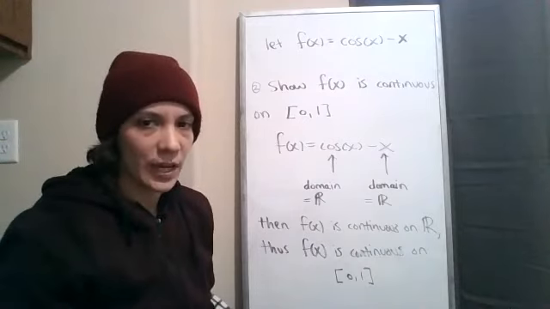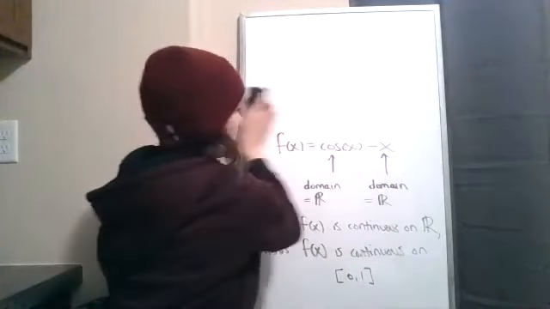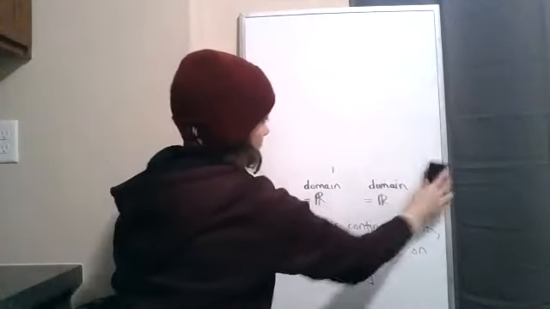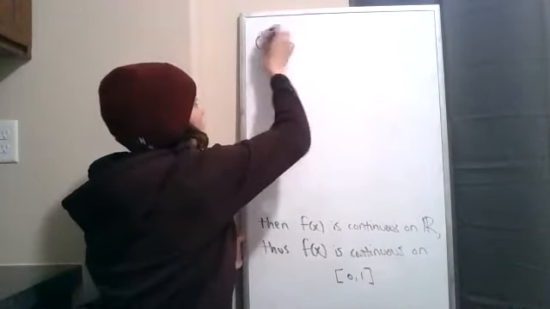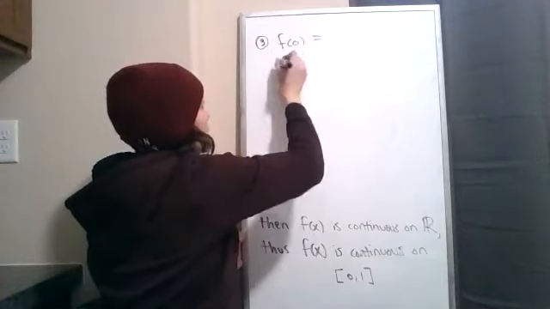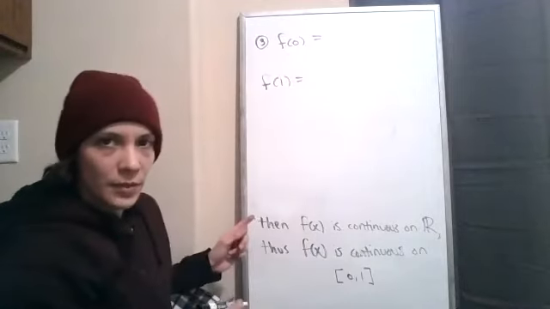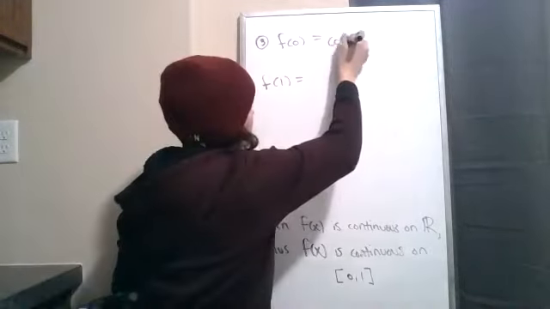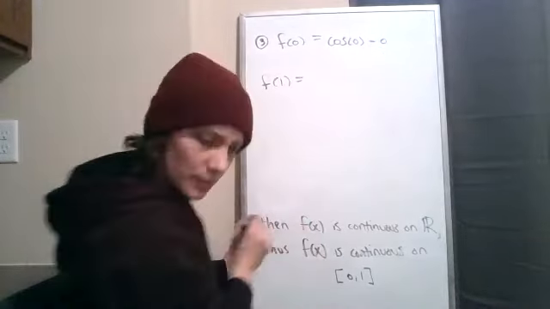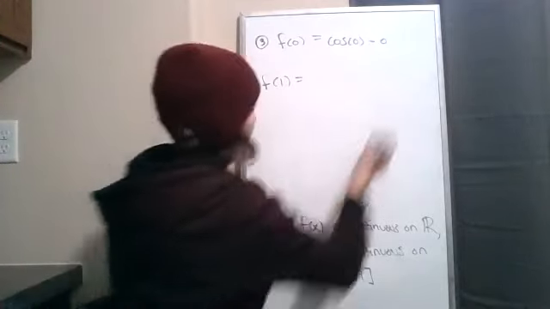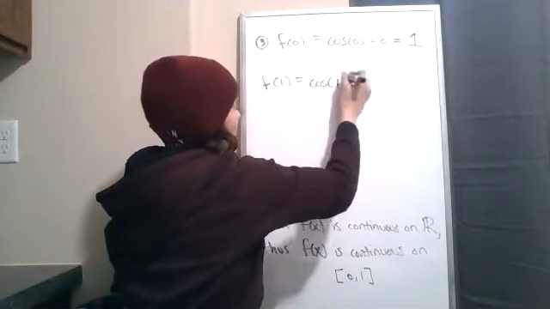Let's find f of 0 and f of 1. The cosine of 0 minus 0 would be 1 minus 0, and you get 1. Cosine of 1, subtract 1.